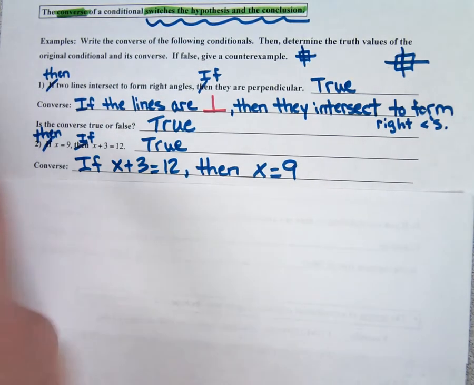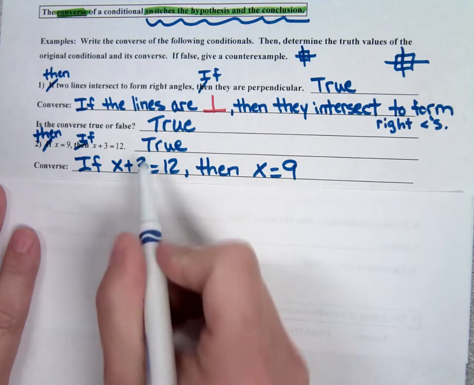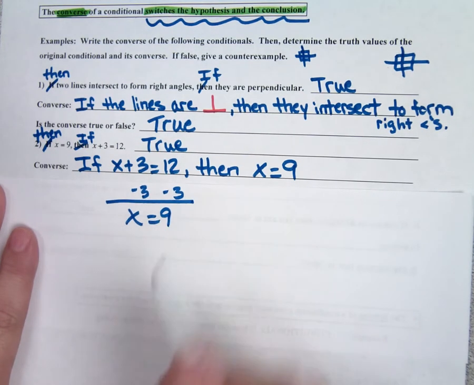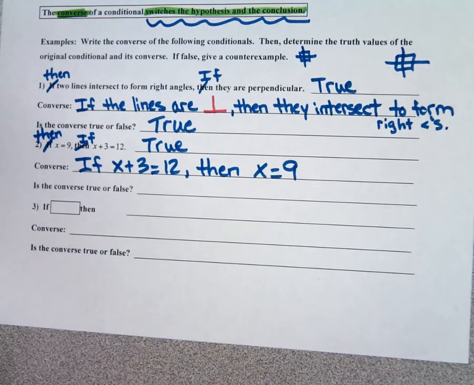So the converse just flip-flops the sentence. Now, let's decide if this is true. If x plus 3 equals 12, then x equals 9. Well, if you solve this equation for x, you would subtract 3 from both sides, and yeah, that would give you x equals 9. So that is true.